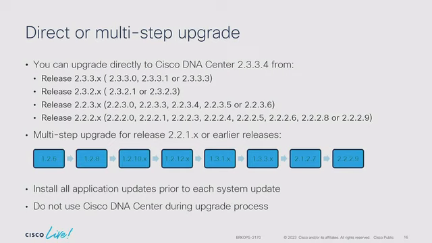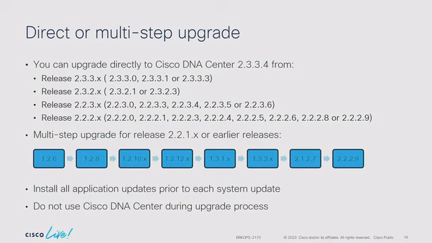Cannot. It's a multi-step upgrade, and you need to study this very well so that you know how many hops you will take to reach the DNA Center release that you are going for. By the way, there is a latest release and there is a recommended release. We always recommend to be on the recommended release.